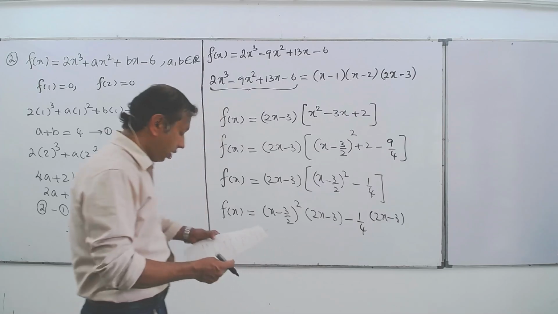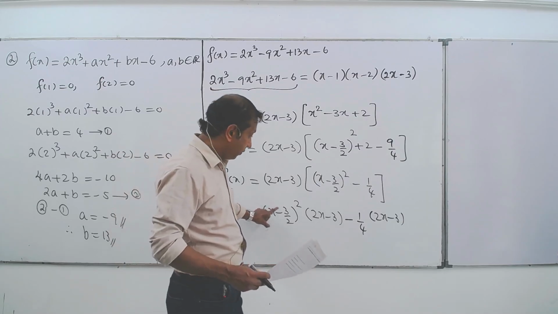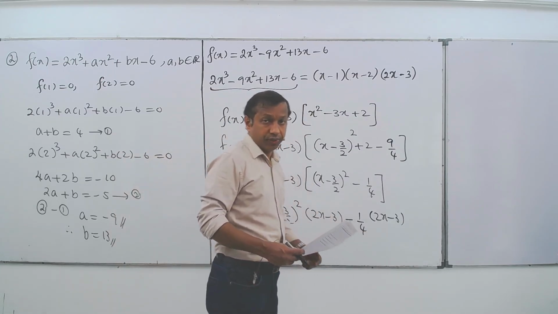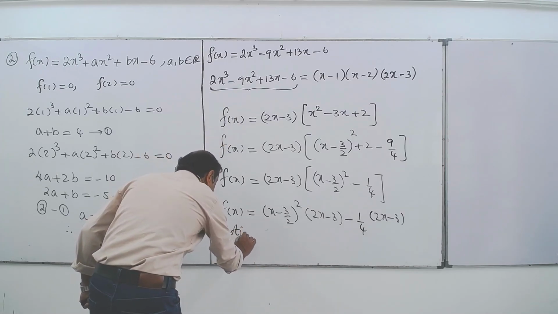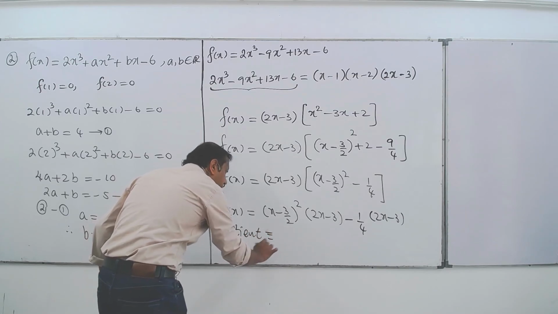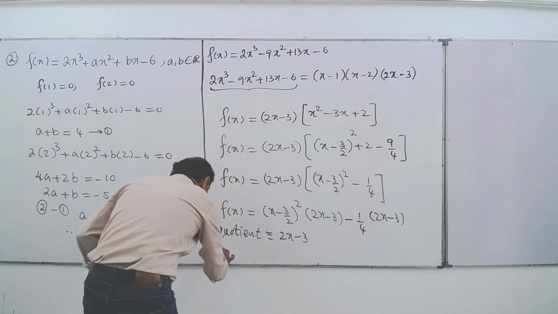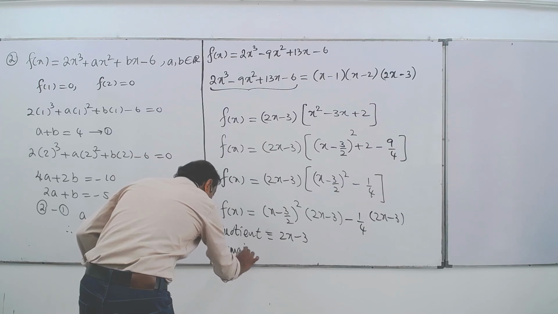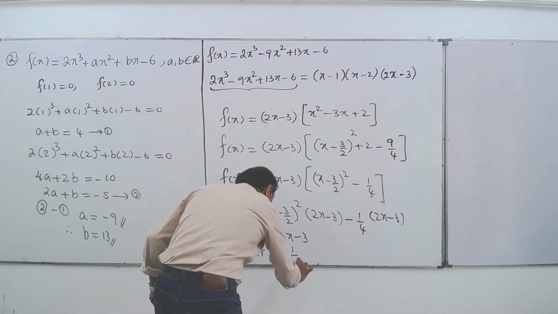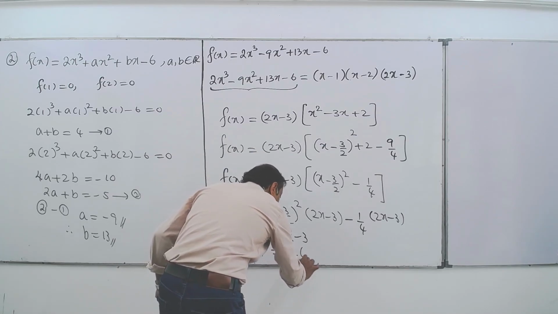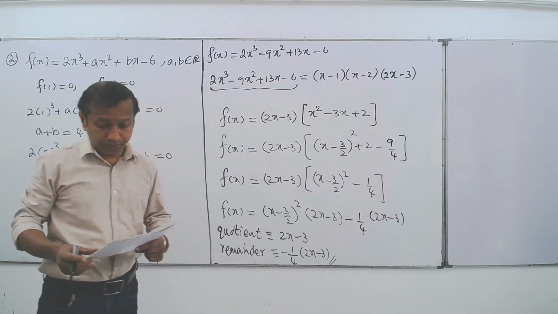And now you can very easily determine by this, when fx is divided by this, the quotient is this, the remainder is this, right? Therefore, the quotient is 2x minus 3. The remainder is minus 1 upon 4, right? 2x minus 3. This way, we can take that answer.